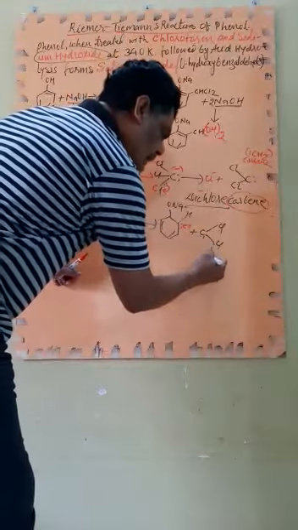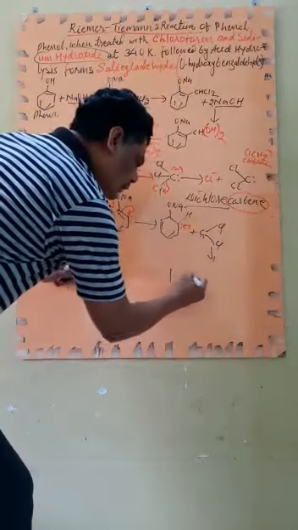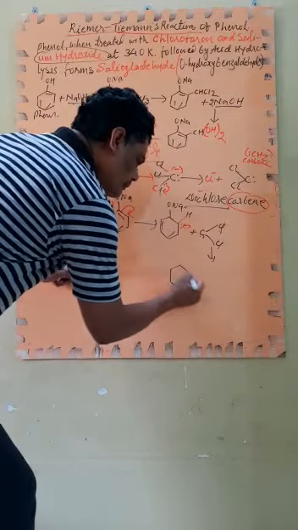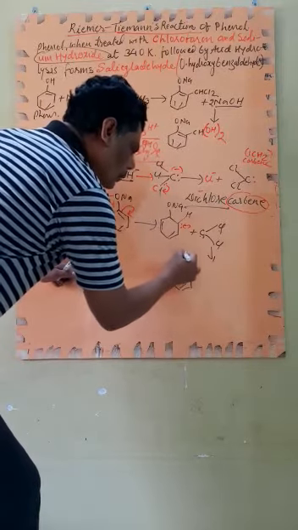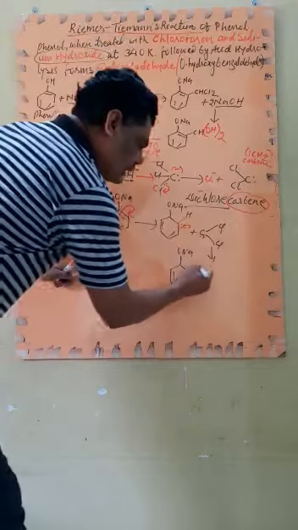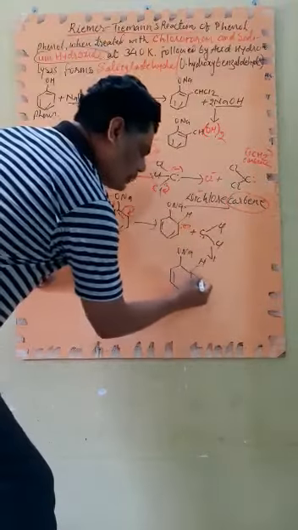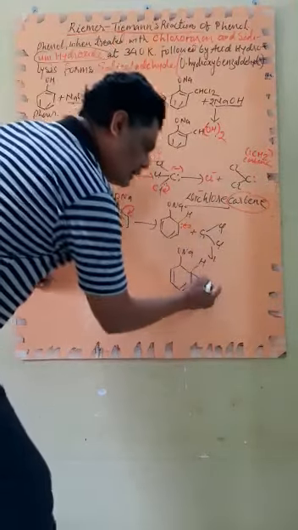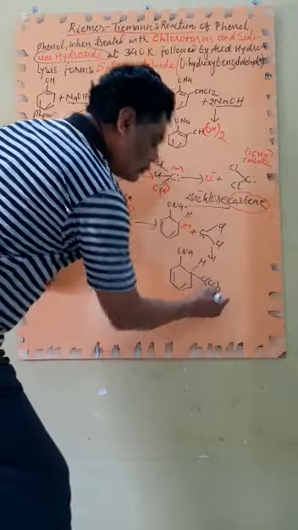So when it attacks on that position, it will convert to this one, ONa, this is the H, understood, and now the C with Cl2.